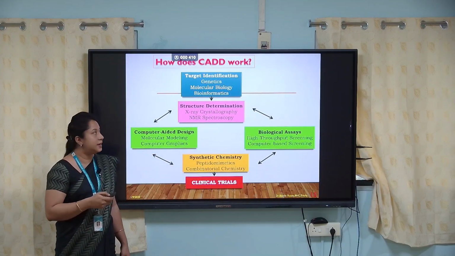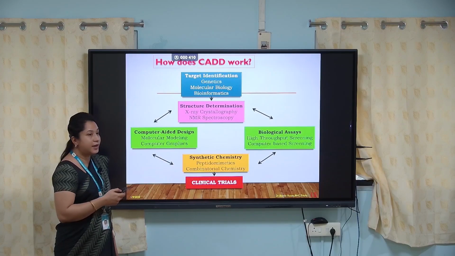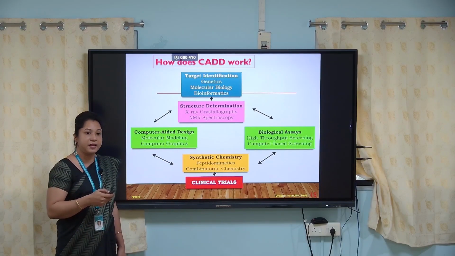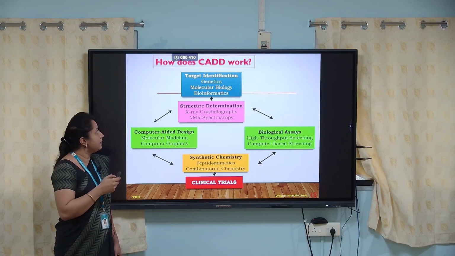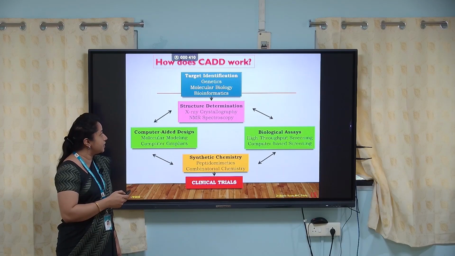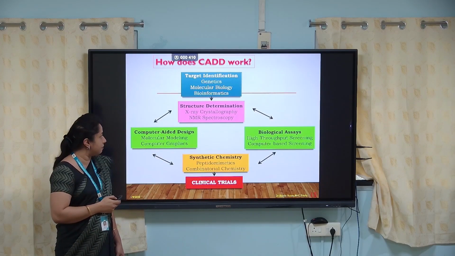So this can be done with the help of, while identifying a disease, the disease can be identified once, and its target identification through structural determination.